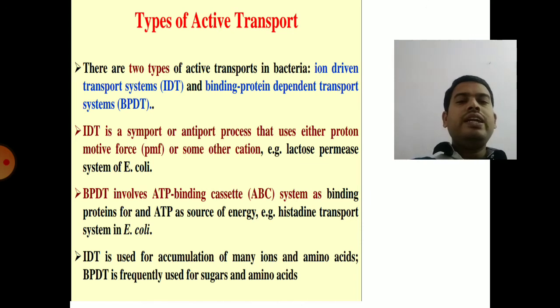IDT is a symport or antiport process that uses either proton motive force or some other cation, which plays an important role in the transport of the solute molecule. The process may be symport or antiport.